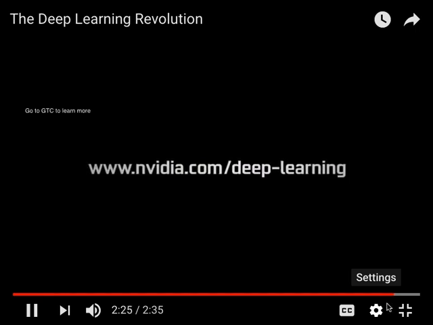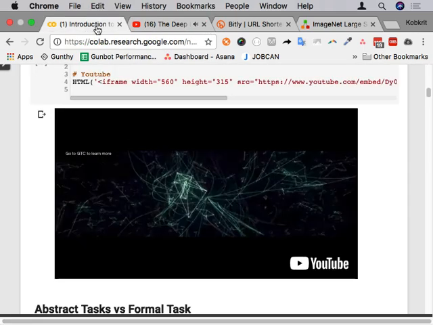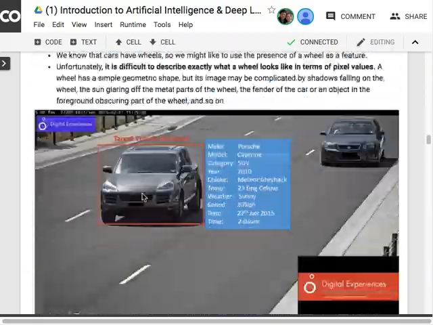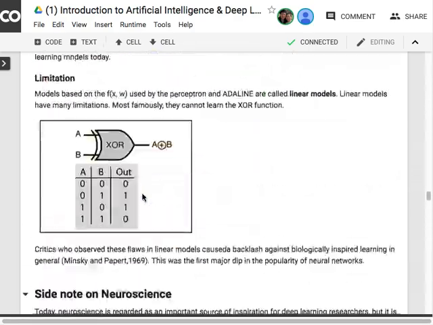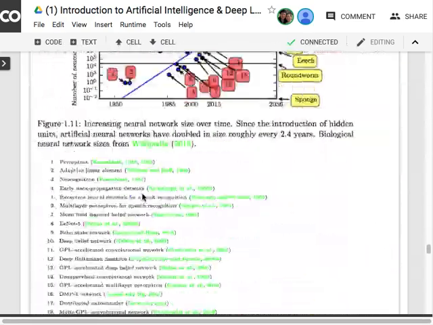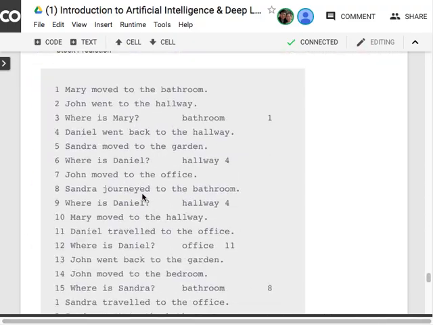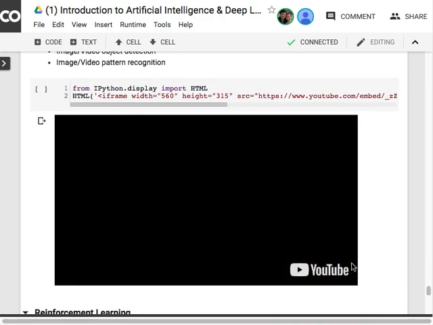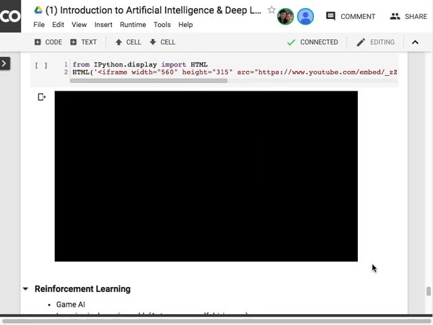This is NVIDIA. This video is very good, so I opened it to help you understand the overall picture. Okay, go back to the CNN. Let me turn on what a CNN looks like. The CNN here is very good for detecting images and videos.